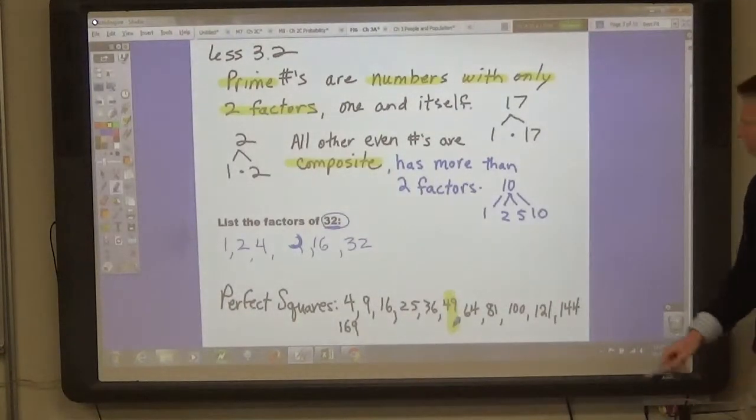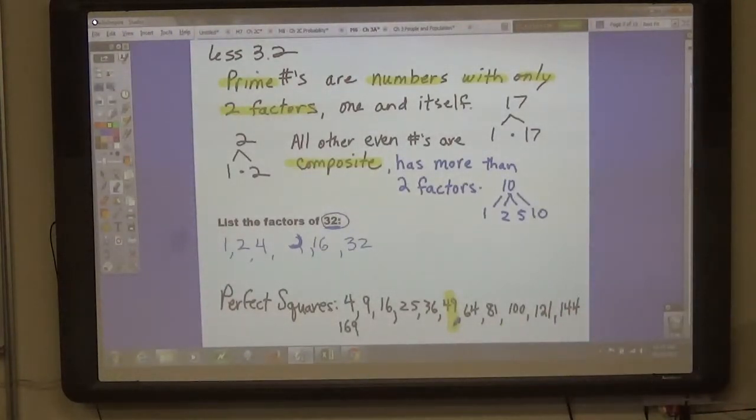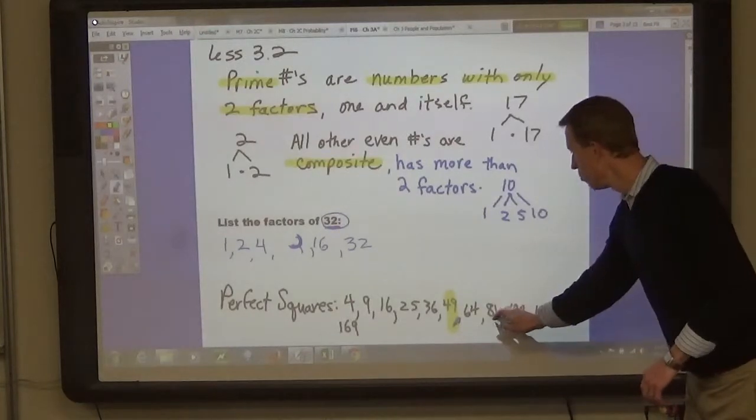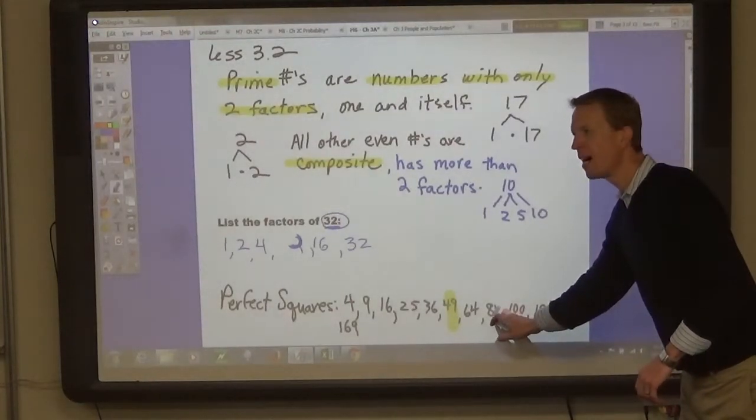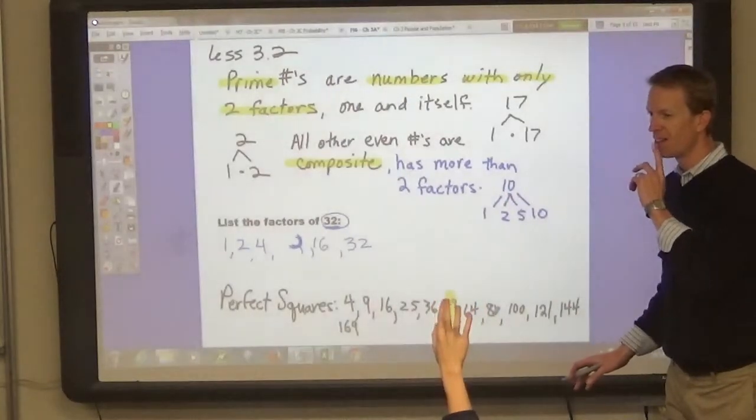What other ones on this list are the perfect squares of prime numbers? What other ones on this list? Abby? 81 is made by 9 times 9. So 9 isn't prime.